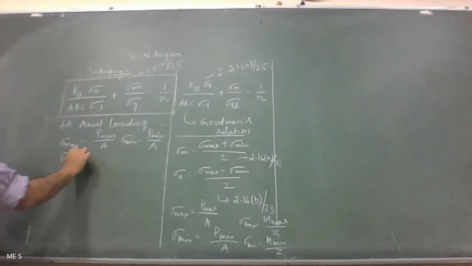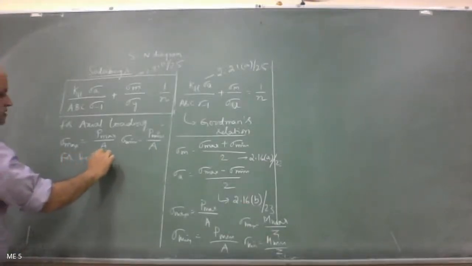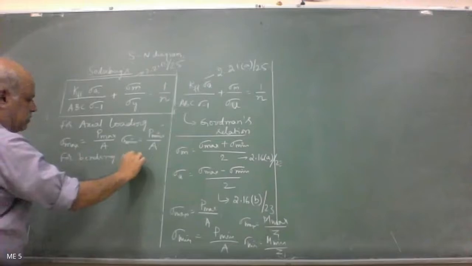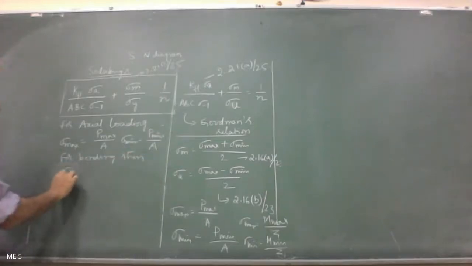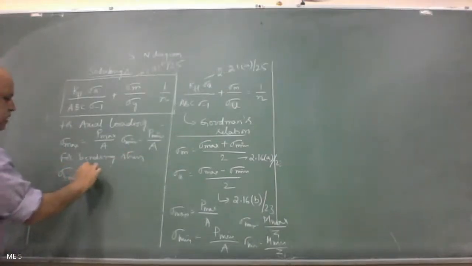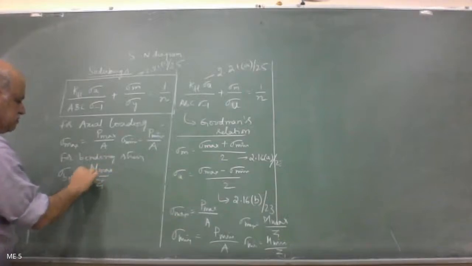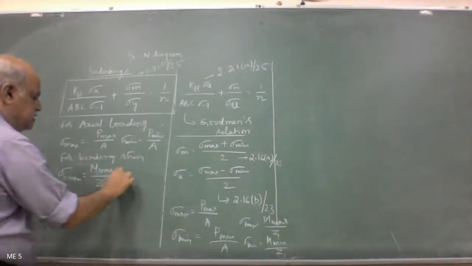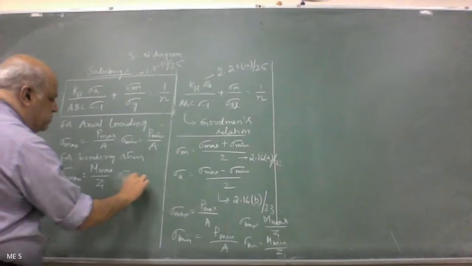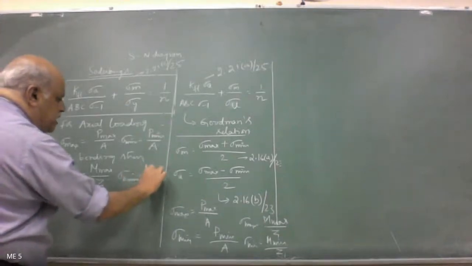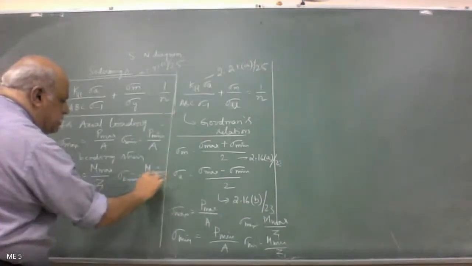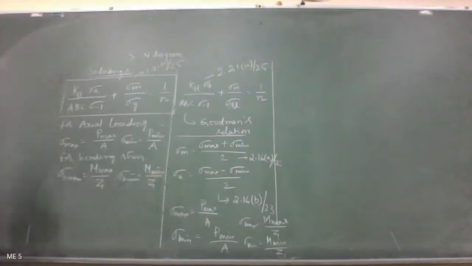For bending stress or transverse load, sigma B max will be equal to M max divided by section modulus, correct? And sigma B minimum will be equal to minimum bending moment divided by section modulus.